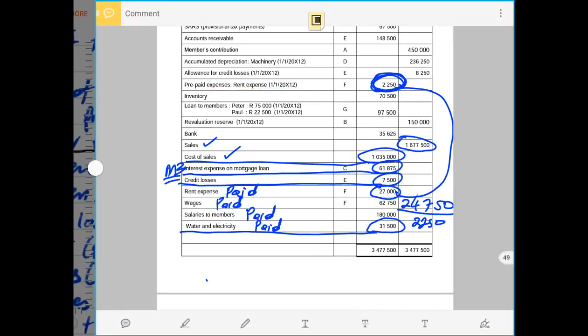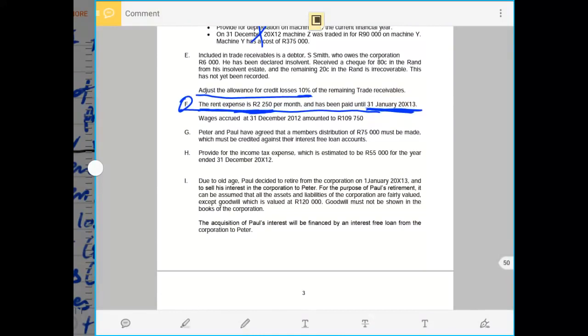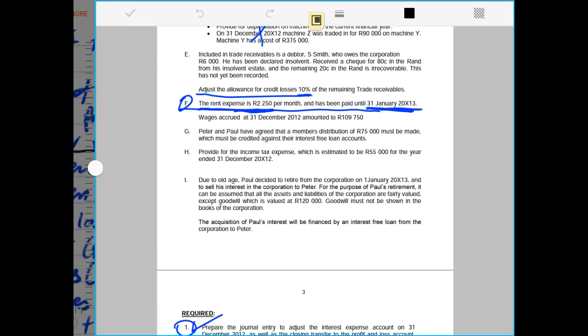Then we continue to the next adjustment. The next part was still under number F. Wages accrued on the 31st of December 2012 amounted to 109,750.